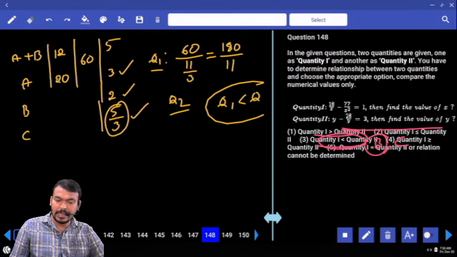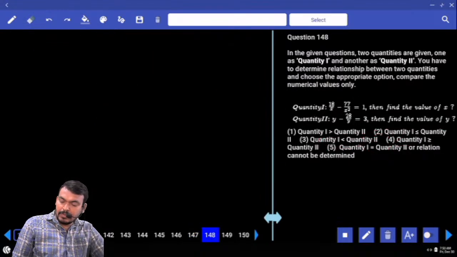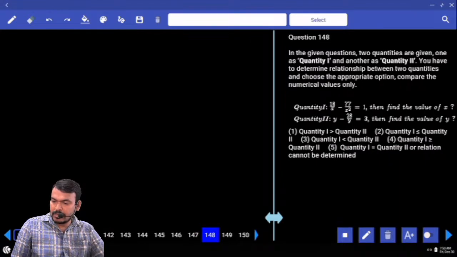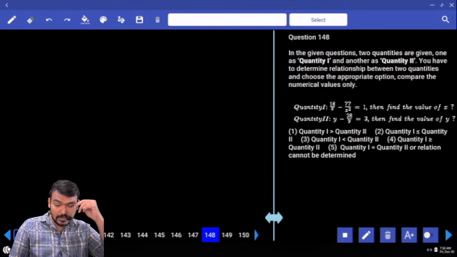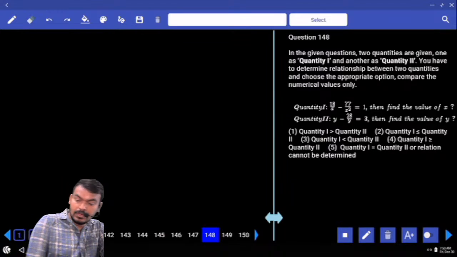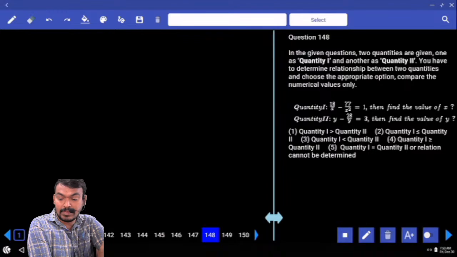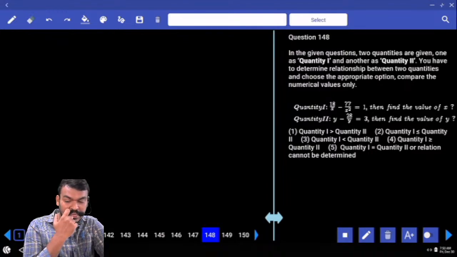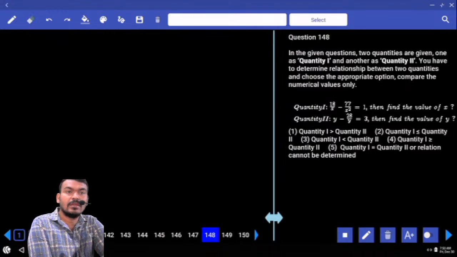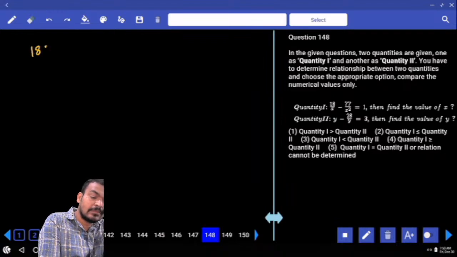Next, 148. 18 by x minus 72 by x square is equal to 1. Then find the value of x. Here, the denominators are x and x square. So I write 18x minus 72 equal to x square.